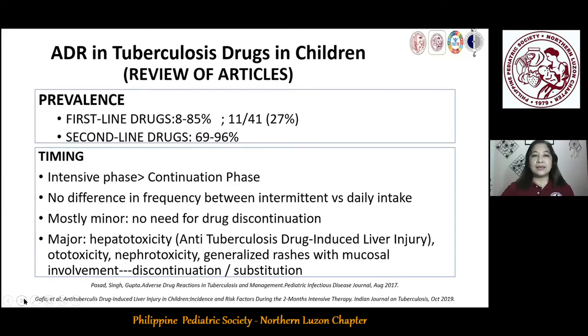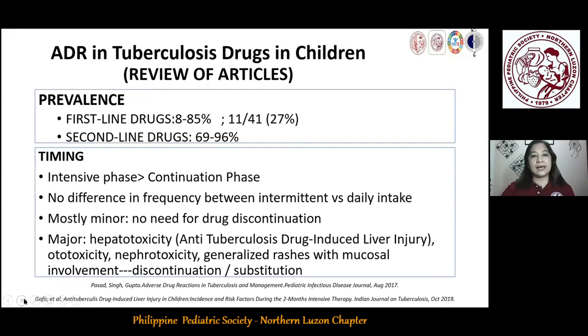The timing is noted mostly during the intensive phase more than the continuation phase, with some articles saying that it starts even at the 6th to the 42nd day of initiation of treatment. There was no difference in the frequency between a patient taking the drugs intermittently or daily.